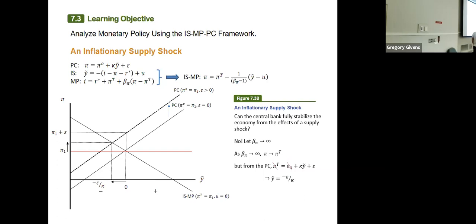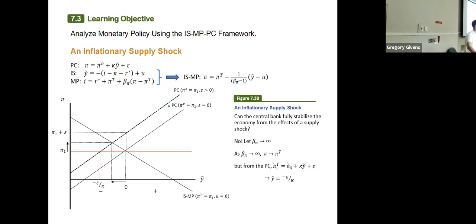And we can solve the Phillips curve then for the output gap. It's just negative epsilon divided by kappa. And so the output gap is going to fall by the full amount of the shift in the Phillips curve in that case. However, inflation is completely stabilized.